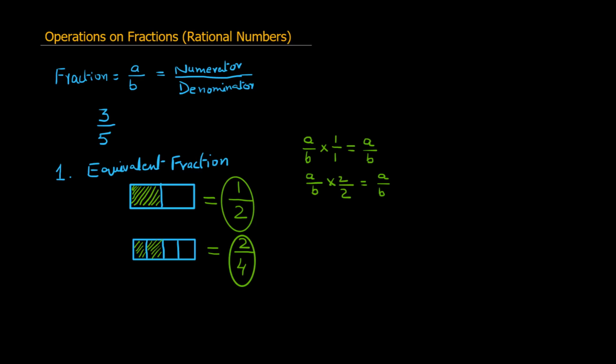When we multiply this 2 with a, we will get 2a divided by 2b: 2 multiplied by a, 2 multiplied by b. This fraction and this fraction are both equivalent. Their value is the same. Fractions having the same value.